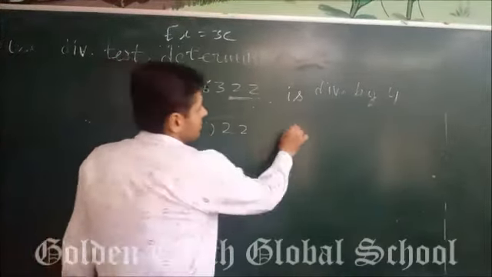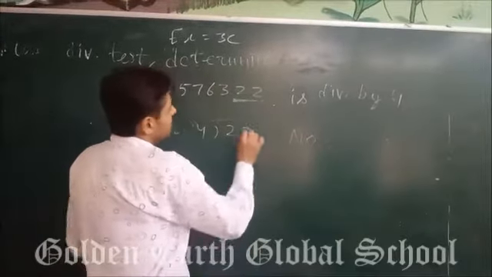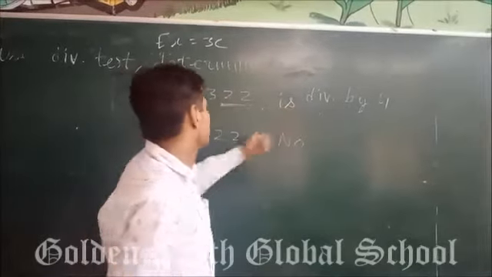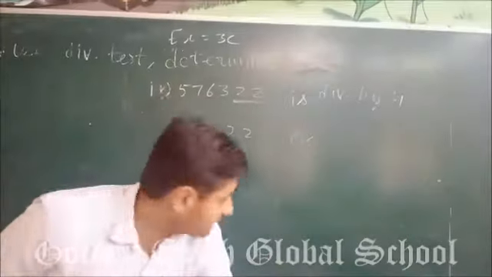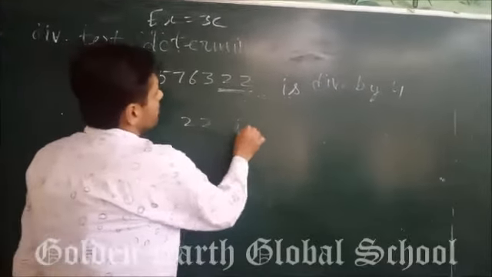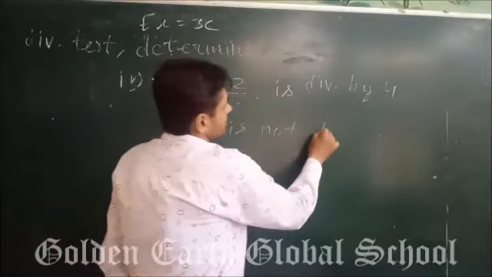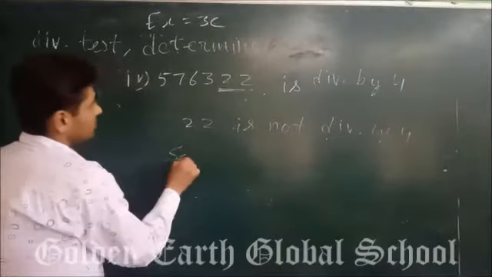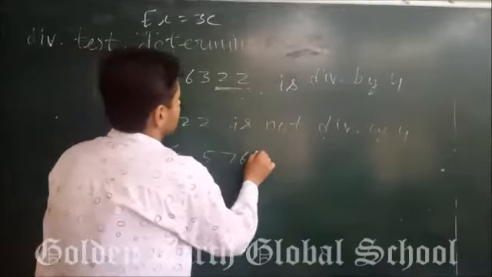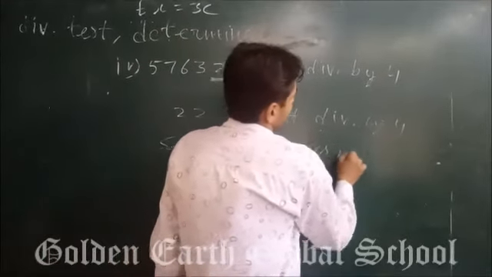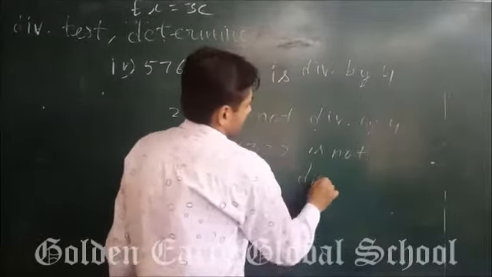No. So this number is also not divisible by 4. How will you write? 22 is not divisible by 4, so 576322 is not divisible by 4.